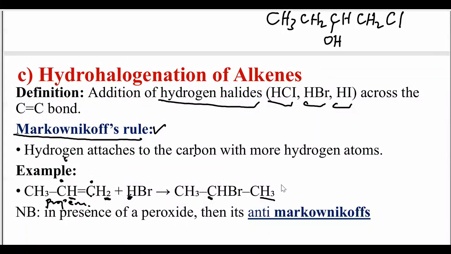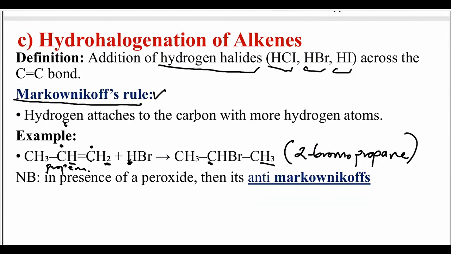So that formed 2-bromopropane. Now, if we don't use Markovnikov's, there is what you call anti-Markovnikov's. The anti-Markovnikov's works if there is a presence of a peroxide.